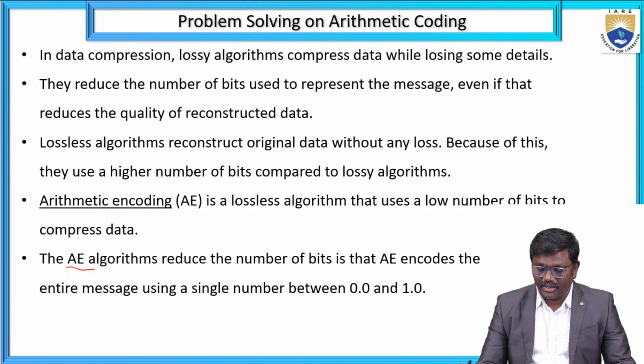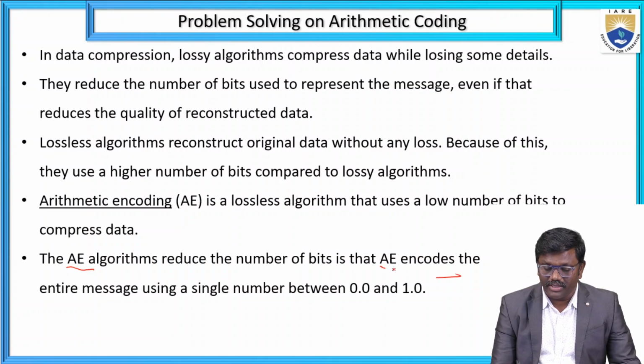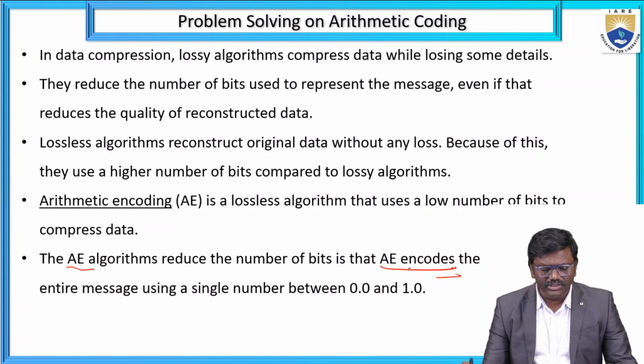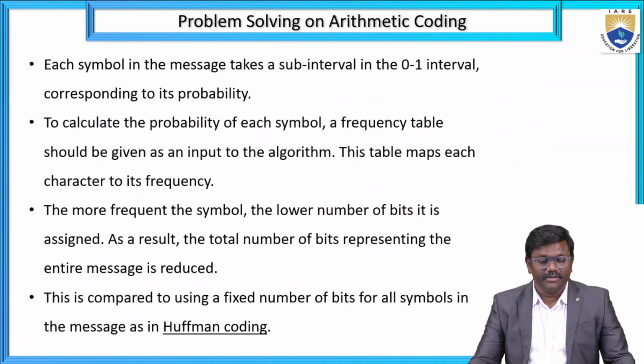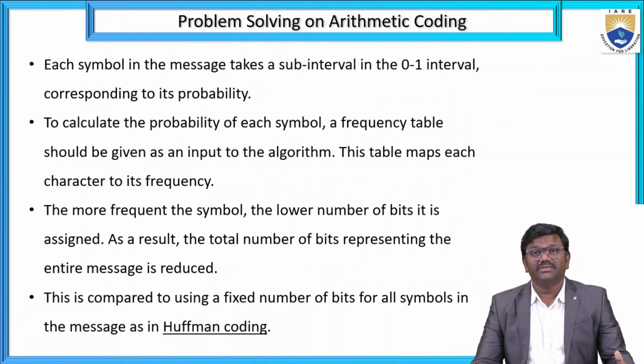AE encodes the entire message using a single number between 0 and 1. Each symbol in the message takes a subinterval in the 0 to 1 interval corresponding to its probability.